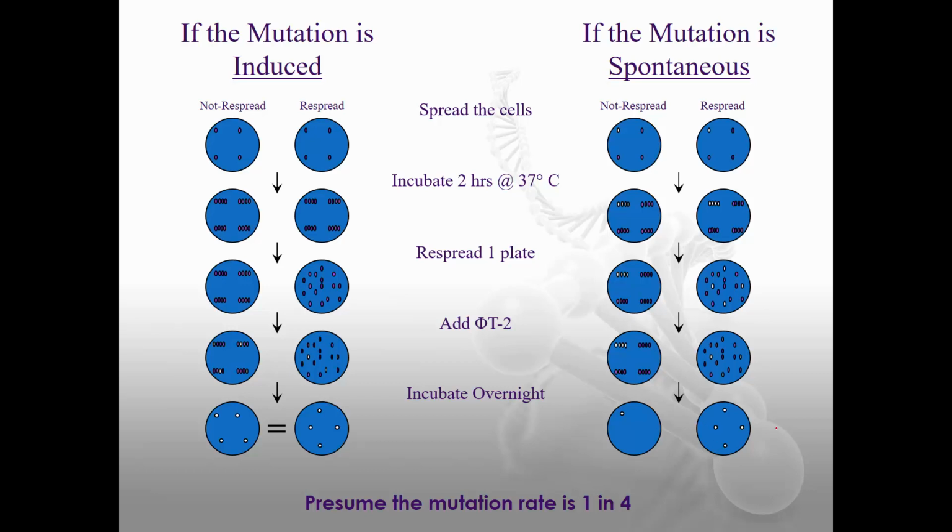And so what we'll see if the mutation is spontaneous, if it happened before this incubation and addition of the T2 that we did after respreading it, what we will see is more colonies on the respread plate than on the non-respread plate. And so this is how you can tell.